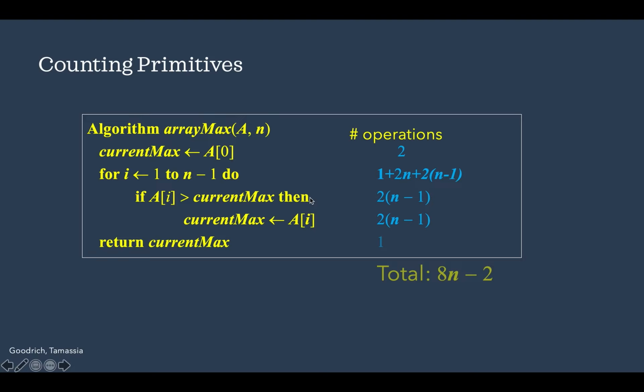So n minus 1 times this will be done, and this 2 is because you have an indexing operator and a comparison, which is 2 primitive operation count. So 2 into n minus 1, and n minus 1 is the frequency count for this statement. Now this will be happening only if this decision making statement is true, right?